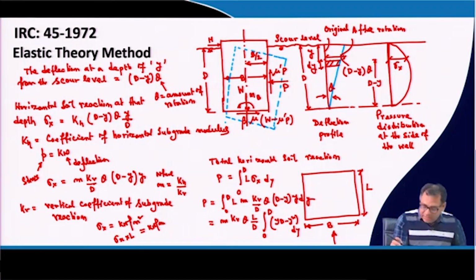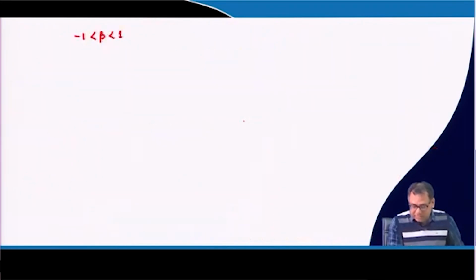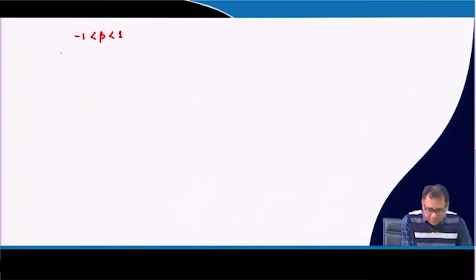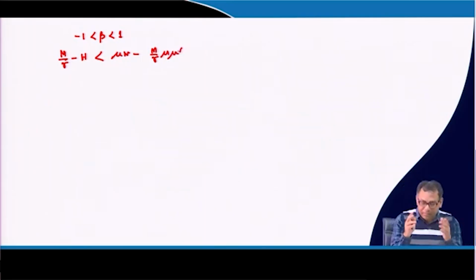Now we have to apply that here. This is the condition and the beta expression is given. So, if I consider that, then I can write that M by r minus H, because the beta value is now given as plus 1 to minus 1, should be less than mu W minus M by r mu dash. So, if I consider beta should be less than 1, then this is the equation.